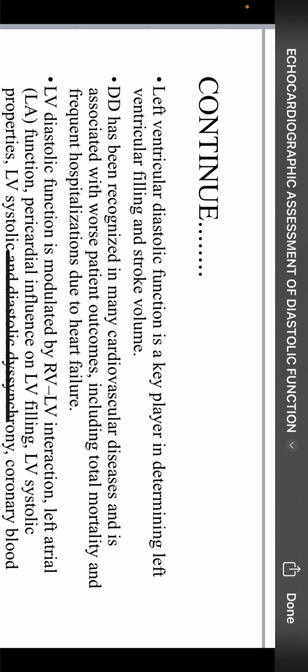DD has been recognized in many cardiovascular diseases and is associated with worse patient outcomes or prognosis, including total mortality and frequent hospitalizations due to heart failure. Most of the time, diastolic functioning is not assessed. What most sonographers pay attention to is systolic function. They assess it with ejection fraction.